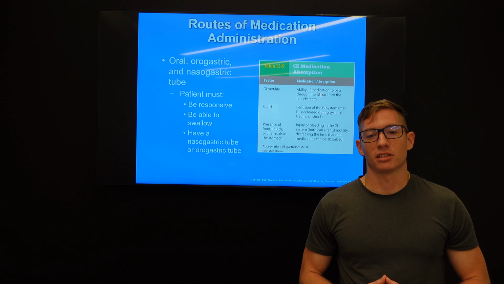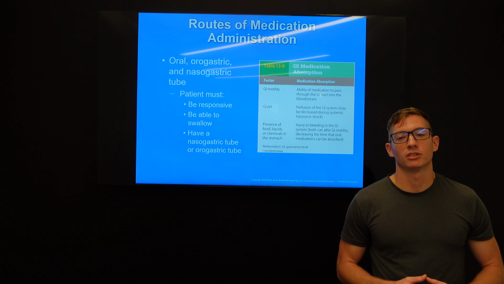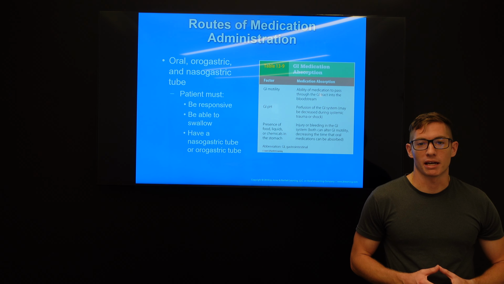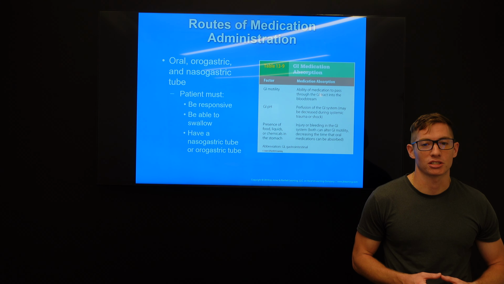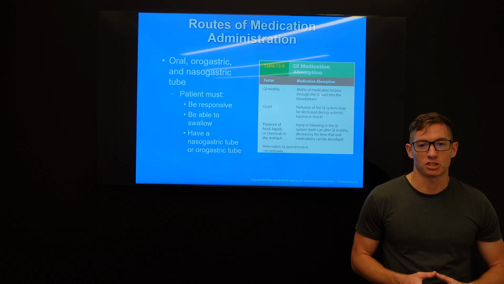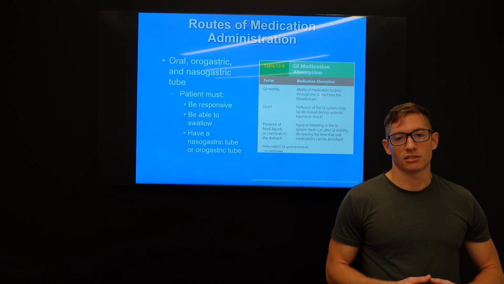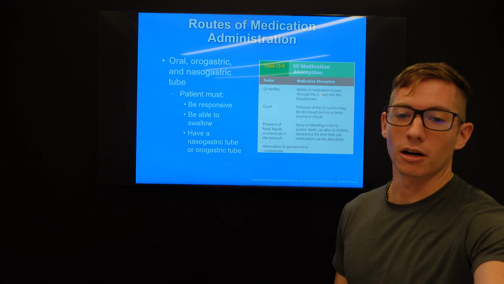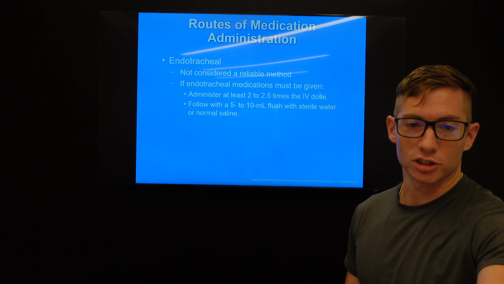Metabolism occurs in the liver and alters or inactivates the medication before it reaches the systemic circulation. Metabolism can also occur within the GI tract. Patients with liver dysfunction are at risk of toxicity with these medications.